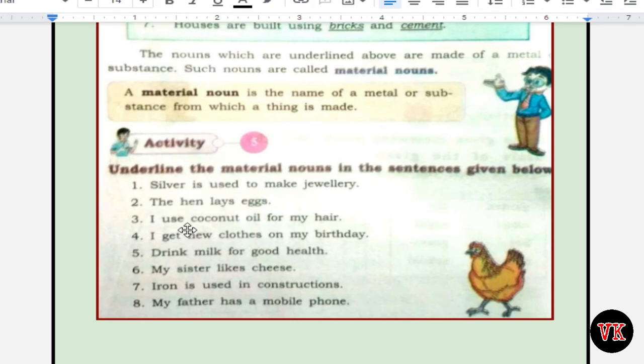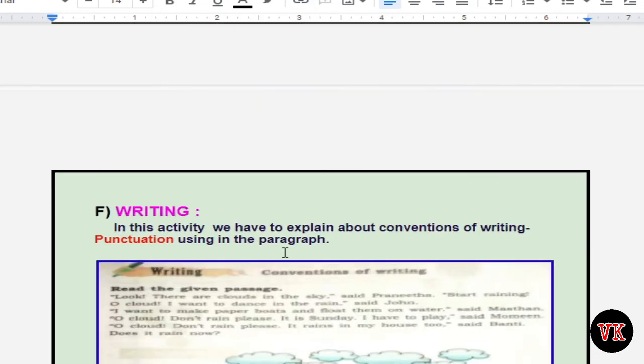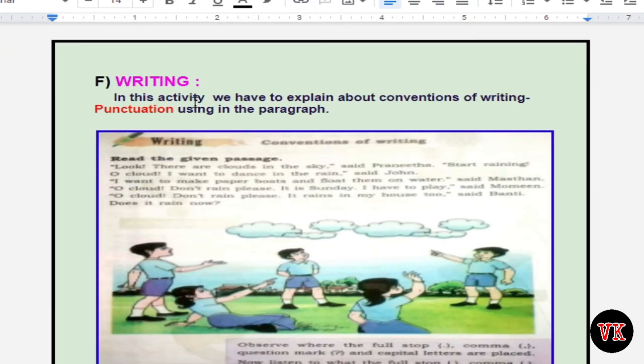The next activity is writing. In this activity, we have to explain about conventions of writing, punctuation used in the paragraph. Read the given passage. Look, there are clouds in the sky, said Pranita. Start raining. Oh, cloud, I want to dance in the rain, said John.